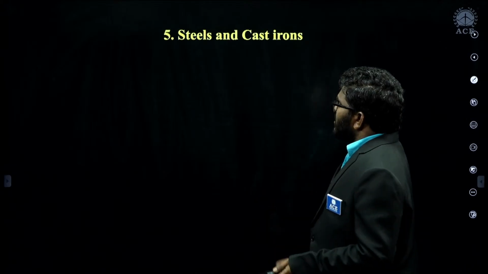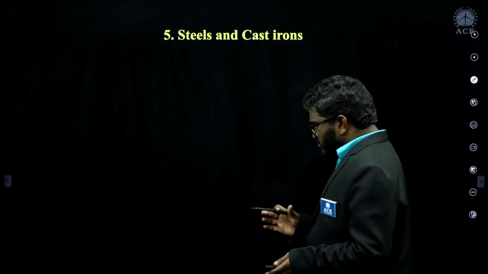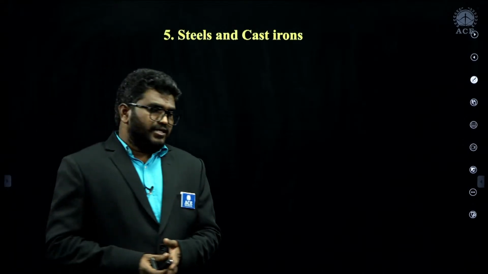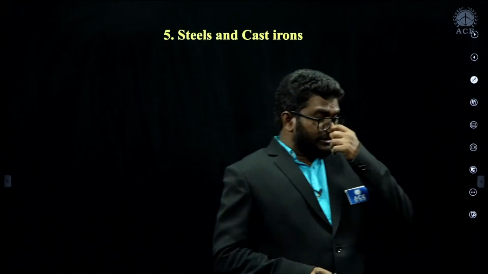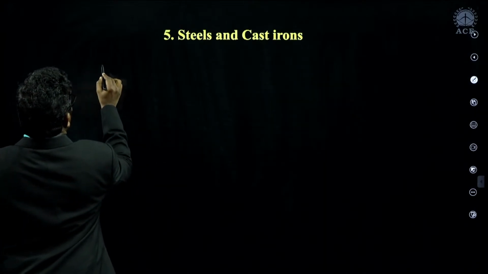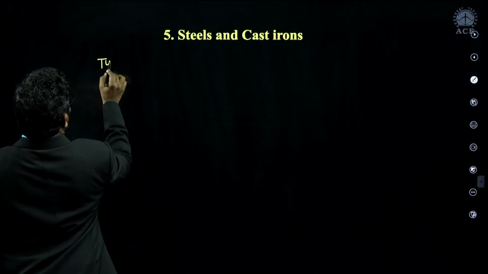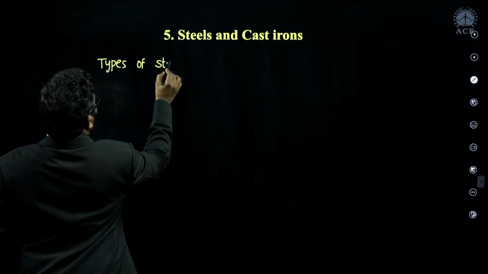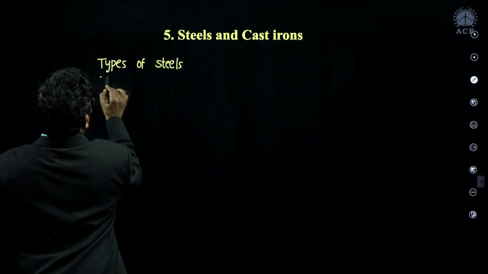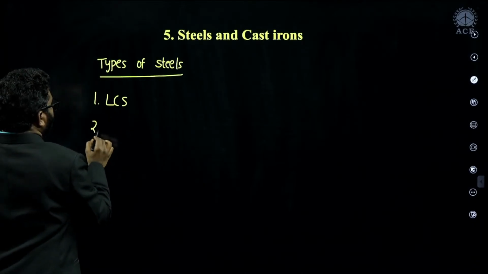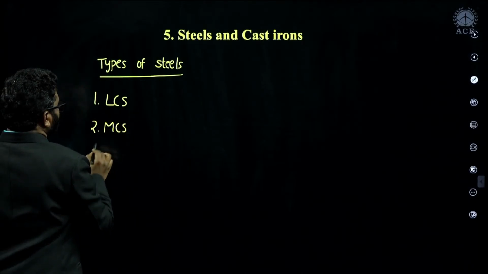Next. So these are the questions related to heat treatment. Now the questions are related to steels and cast irons. From these, you should focus on types of steels. They are low carbon steel, medium carbon steel, and high carbon steel.